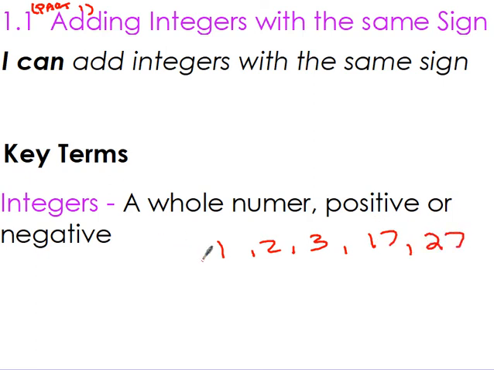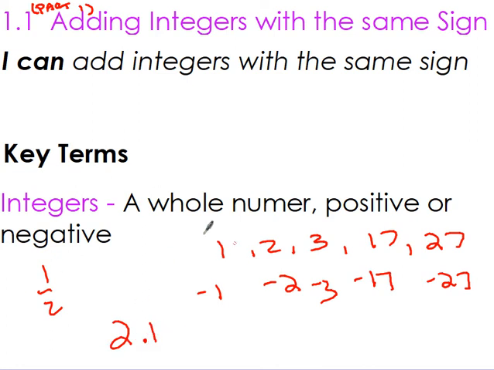But they're also the negative versions of those numbers as well. So -1 is also an integer, -2 is an integer, -17, -27, -3. What is not an integer would be fractions. Fractions are not integers, nor are decimals. Decimals are also not integers. It's the whole numbers that we would count with, and the positive and negative versions of those.